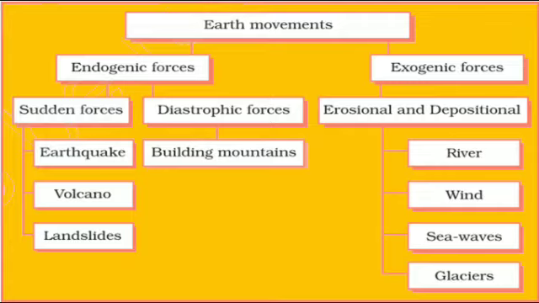Diastrophic forces means the changes which are occurring, that means the building up of the mountains. Let us come to the exogenic forces. It has erosional and depositional, and its consequences we can see on the river, wind, sea waves, and glaciers. Everything we will be studying in detail in the next videos.